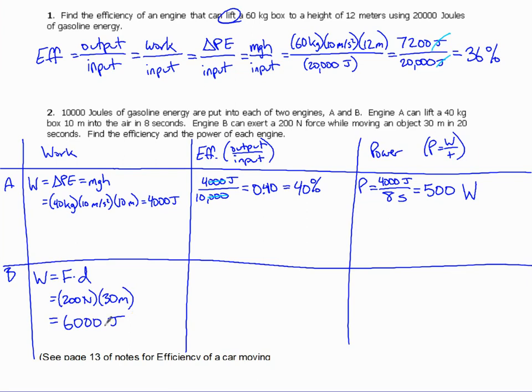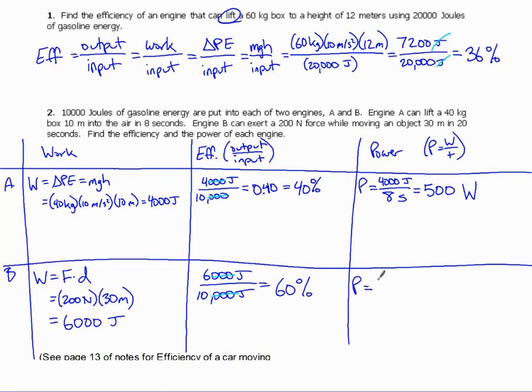So for the efficiency, the output is 6,000 and the input is the same, it's 10,000 joules. And again, you don't need to put this in your calculator. 6 over 10, that's 6/10, it's 60%. 60% efficiency, that's the best we've seen so far.